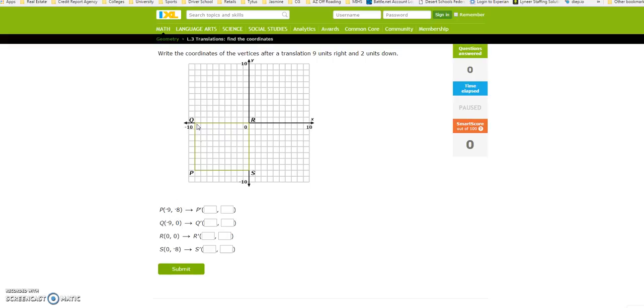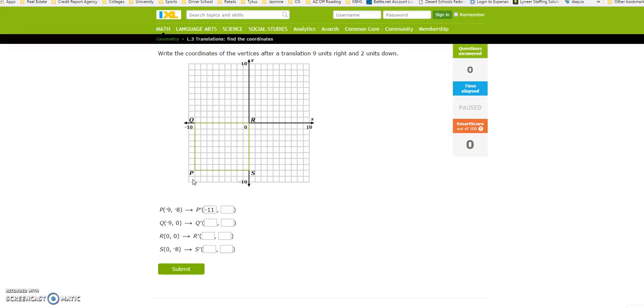So the original coordinates are given to us as -9, p is -9, -8 right here, and it wants us to move 9 units to the right. So if this is -9 for x, versus this is over here, the 9th negative x-axis line right here. It wants us to move 2 down, so 10, 11. We're going to put -11.